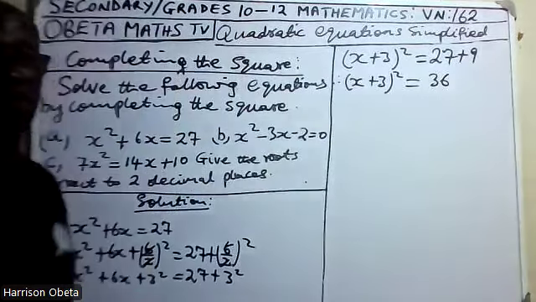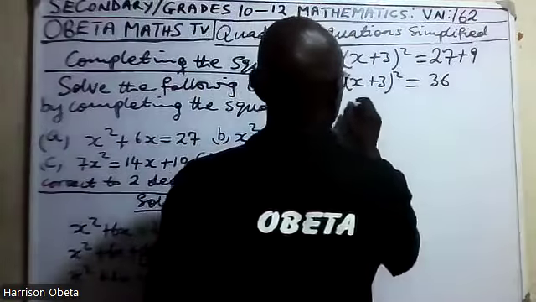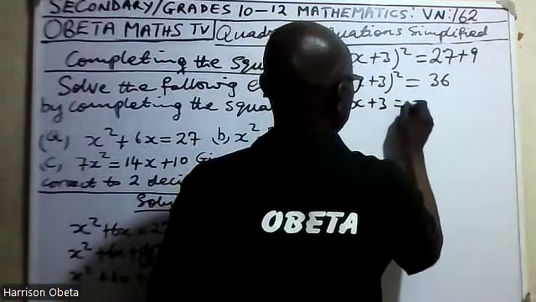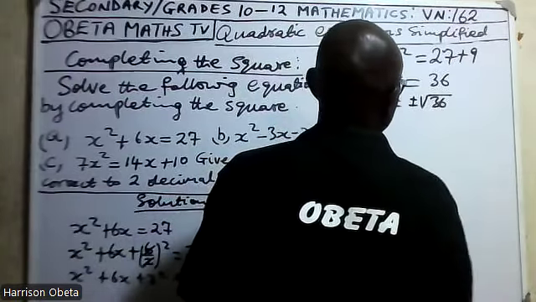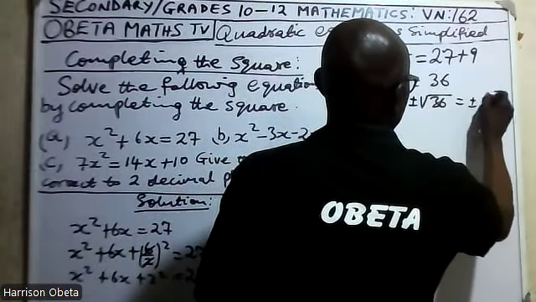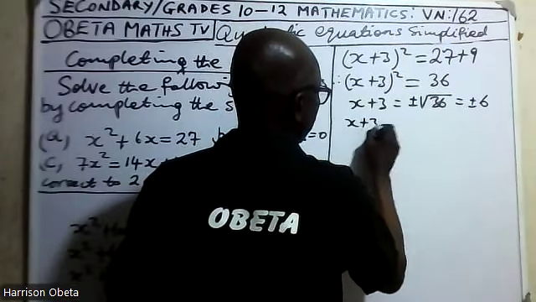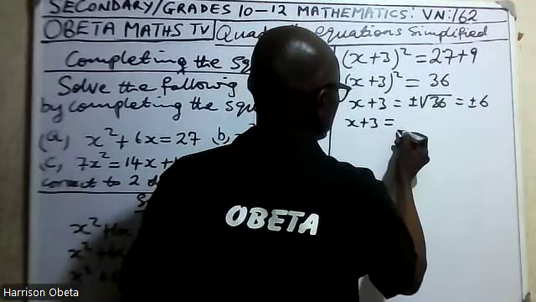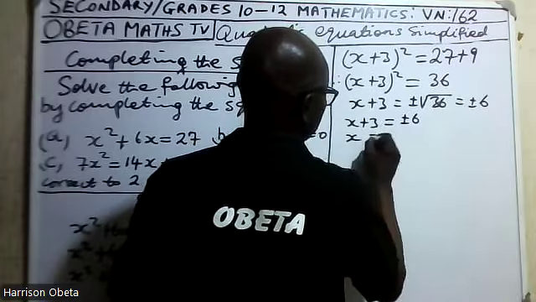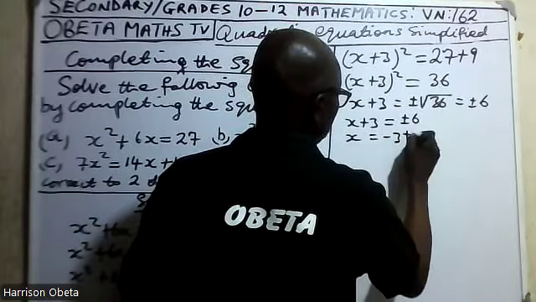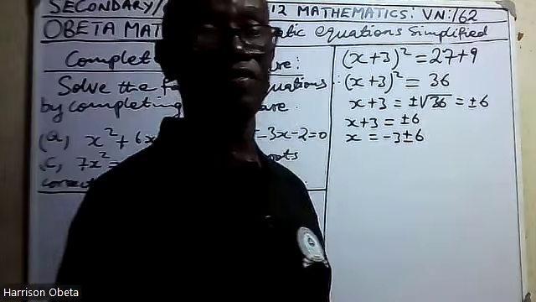The next thing is for us to find the square root of both sides. If you do that, you have x plus 3 equal to plus or minus the square root of 36, which will give us plus or minus 6. So x plus 3 is equal to plus or minus 6, and x is equal to minus 3 plus or minus 6. Remember that we have two values here.